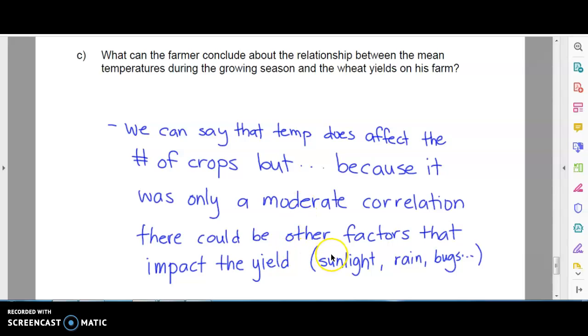So things like sunlight, the rain, bugs, anything that could help or decrease the yield. So there is definitely somewhat of an impact the temperature has on the number of crops, but because it's only moderate, there are other factors at play.